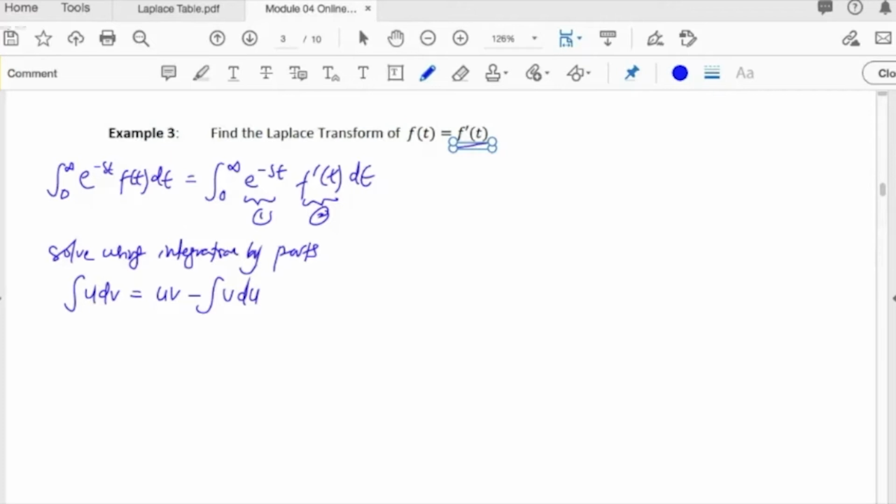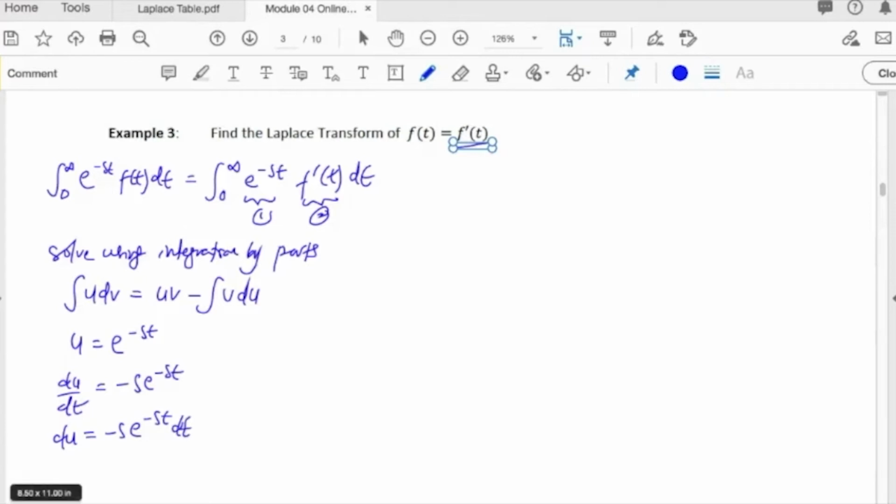Let's say we take u equal to exponent negative st. So our du over dt will be equal to negative s exponent negative st, so our du will be negative s exponent negative st dt.